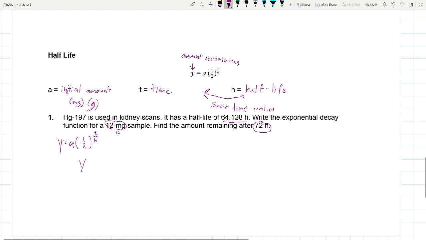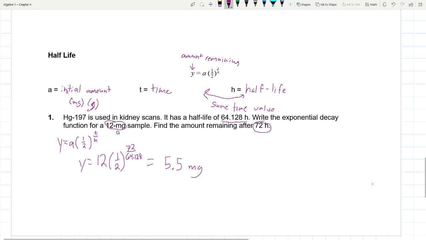All right, I can set this up. So y equals 12, because it was a 12 milligram sample, times one half to the power of the time, 72, divided by the half-life value, 64.128. And this winds up equaling 5.5 milligrams.